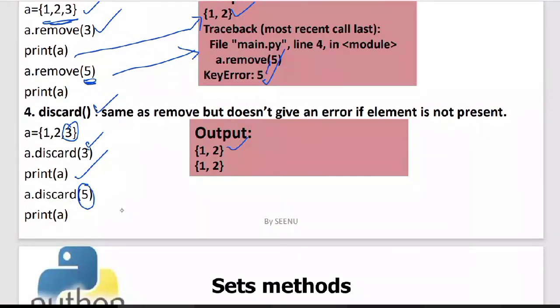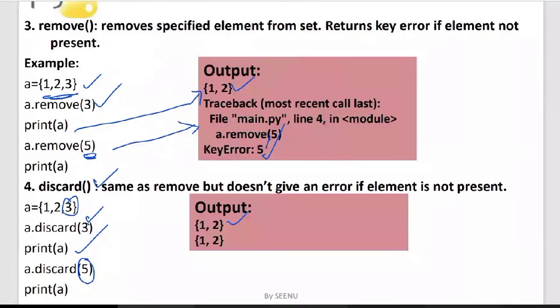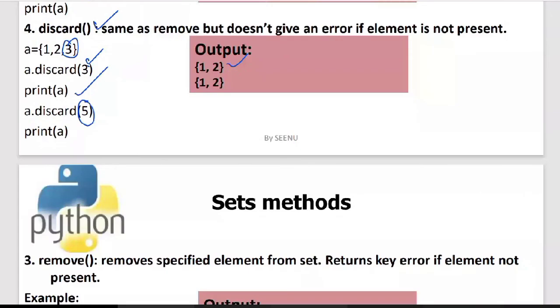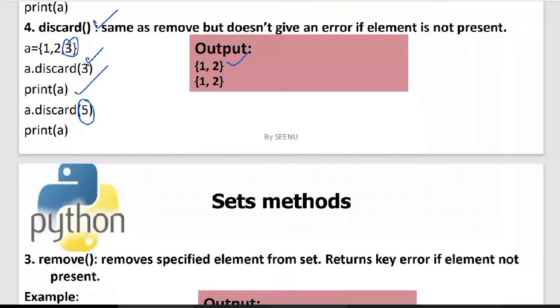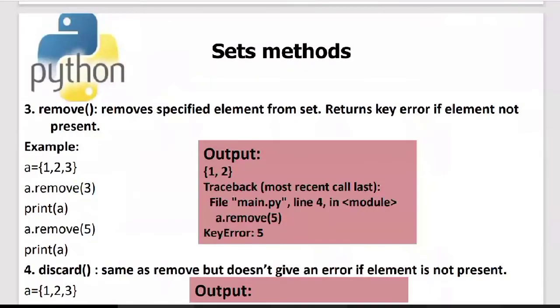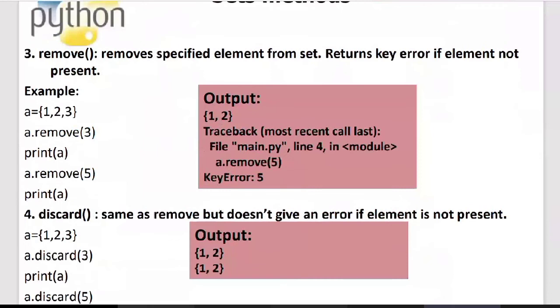But previously with remove, if the element is not present, you saw an error, a KeyError. Here you don't get any error. That's the difference between remove and discard. Remove will give an error if the specified element is not present. Discard doesn't give any error. Yes, sir. Very good.